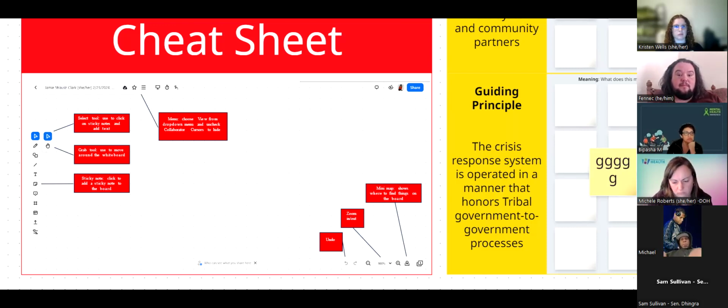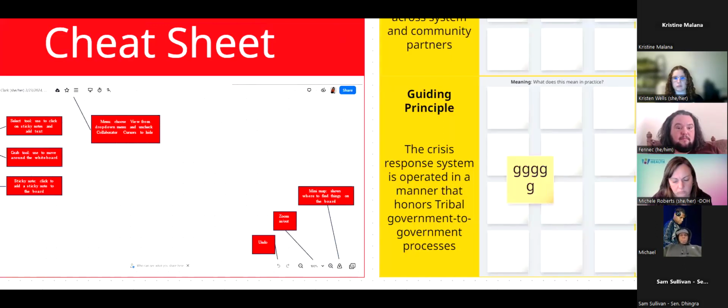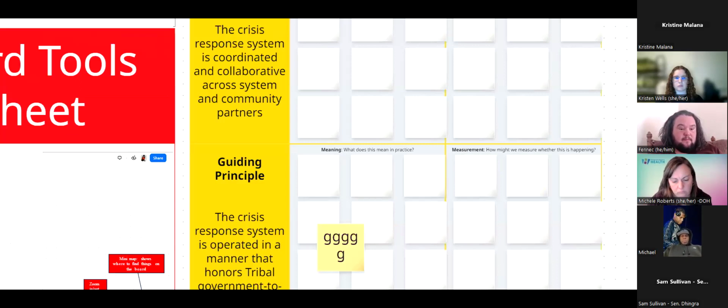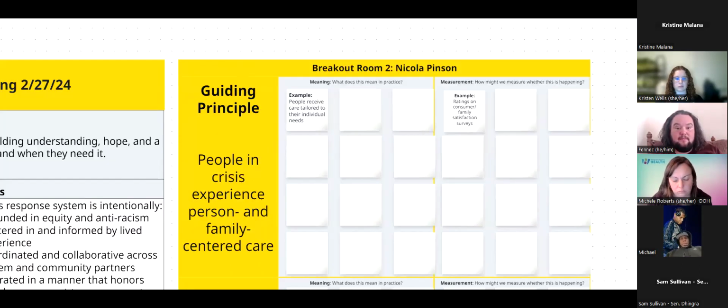All right, so I think what we're going to do in our breakout group is, as Jamie mentioned, I'm just going to grab and move over here to this first guiding principle. One second. So each breakout group is working on 3 guiding principles, and we have about an hour, but a little less now.